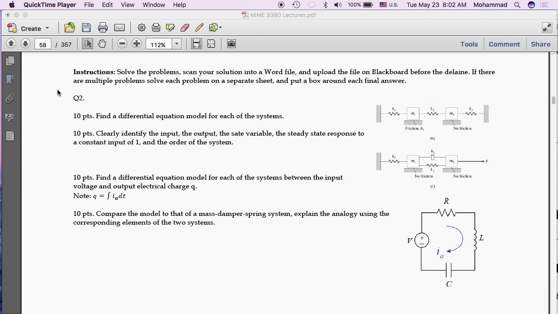Yes? Okay. So I'm not going to draw the free body diagram, but essentially the way to solve first part of the quiz is to draw two free body diagrams for each of these problems. One for mass 1, one for mass 2. If you need to make assumptions about the relative magnitude of the displacement, you need to make those assumptions.